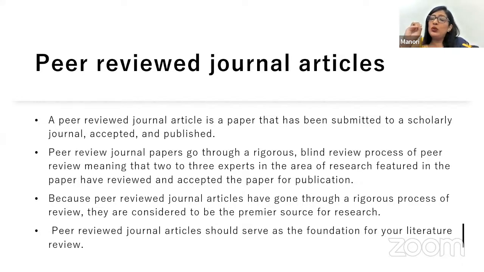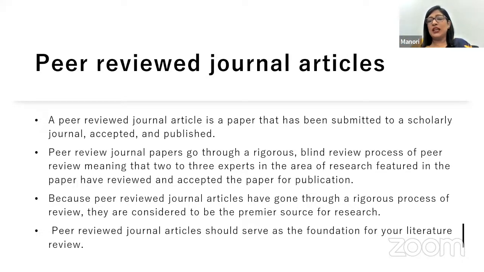So when you are finding sources, you can check whether this is a peer-reviewed journal article. If a journal accepts only peer-reviewed articles, then not everyone can publish in that journal.